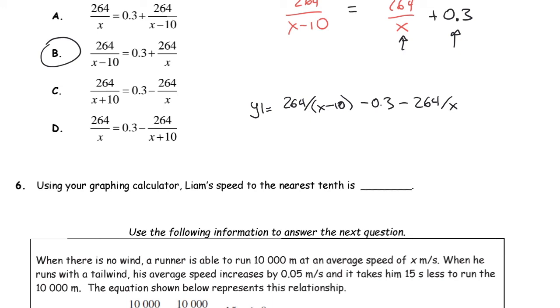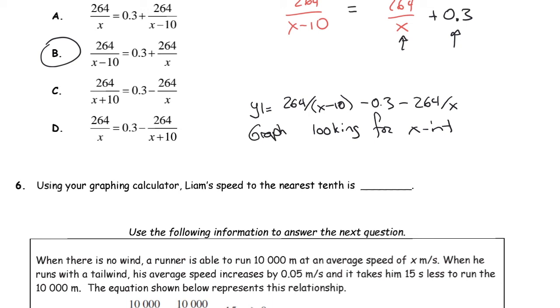After I graph this, I'm going to be looking for x-intercepts. You're probably going to have to extend your window because you're not going to see it unless you go quite a ways to the right.